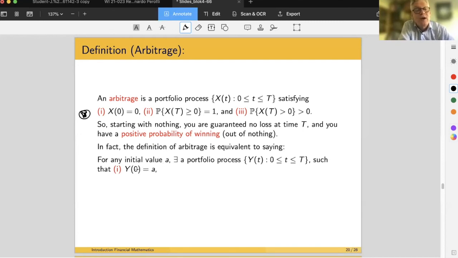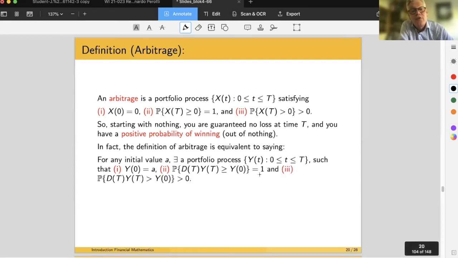Secondly, the probability that the discounted Y process at final time capital T is greater or equal to the initial value is equal to 1. And thirdly, the probability that the discounted Y process at final time is greater than the initial value is greater than 0. So this was 1 and this was 2.